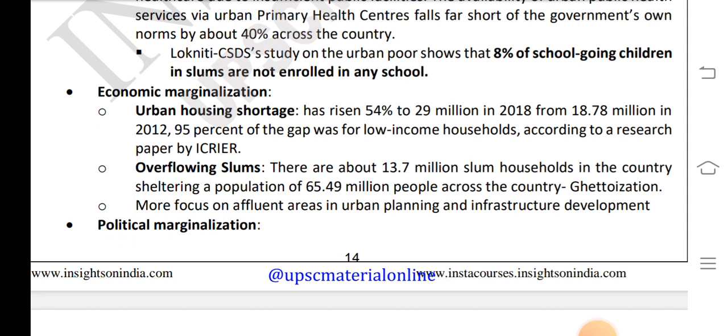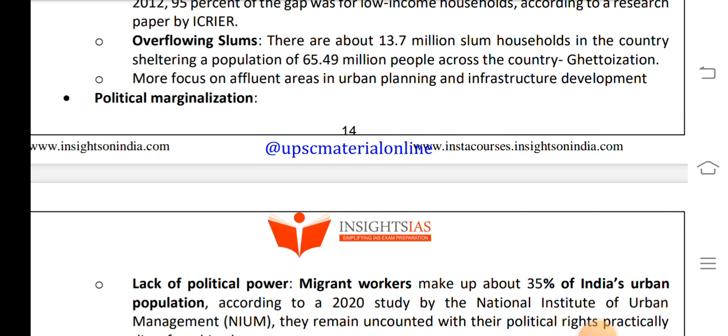Urban housing shortage has risen 54%, to 29 million in 2018 from 18.78 million in 2012, and 95% of the gap is for low income households, according to research papers by ICRIER. Overflowing slums: there are about 13.7 million slum households in the country, sheltering a population of 65.49 million people across the country.